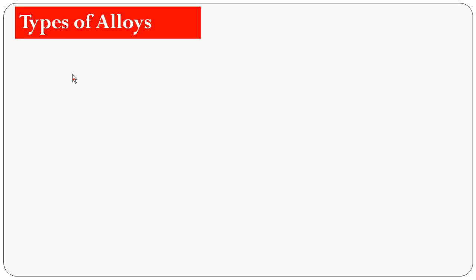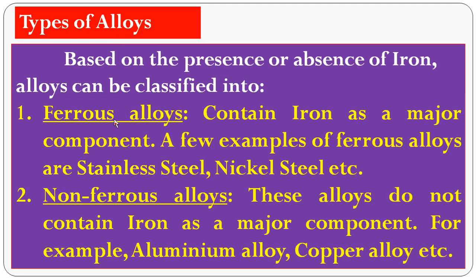Then what are the types of alloys? There are two types of alloys based on the presence or absence of iron. Ferrous alloys: ferrous means it contains iron. Iron has the symbol Fe, as a major component.